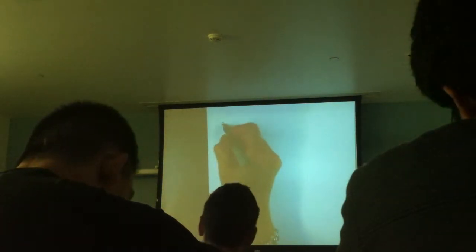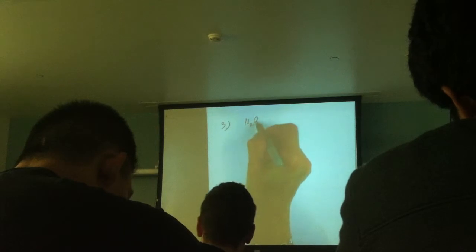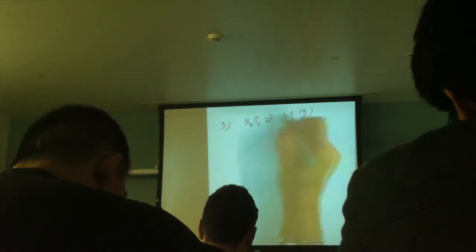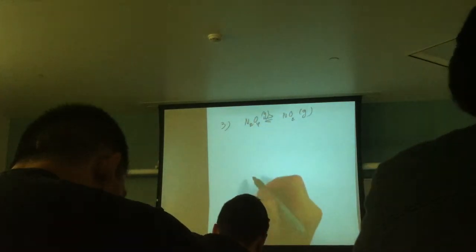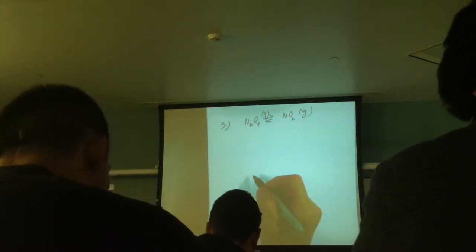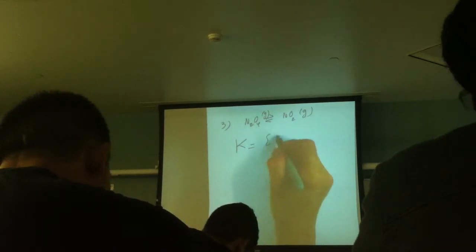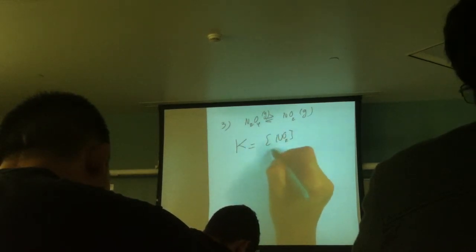I'm still working on page 6. Number 3. A reaction at equilibrium. If K is very large, let's find K first, then we say large or small.